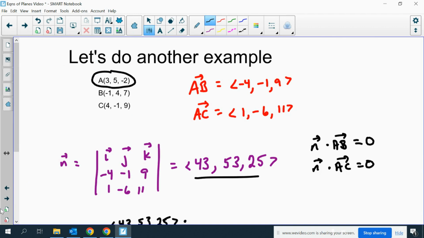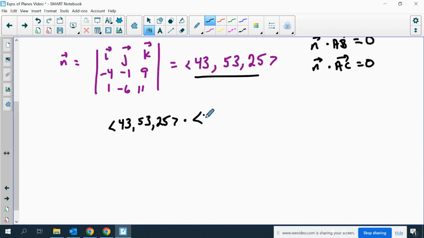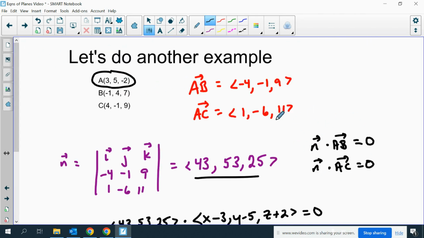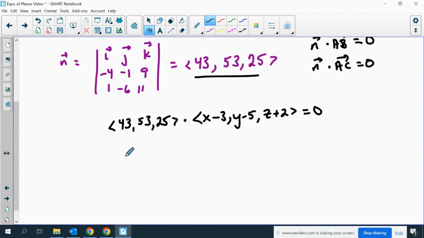So I'll just take A, 3, 5, -2. So that's x minus 3, y minus 5, z plus 2. And the dot product of that has to equal 0 because it's orthogonal with any vector on this plane.